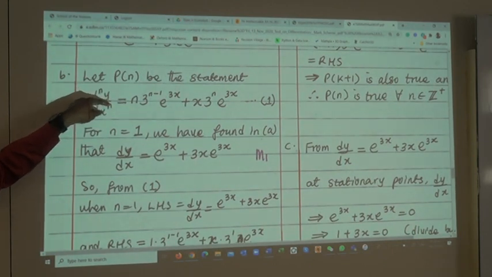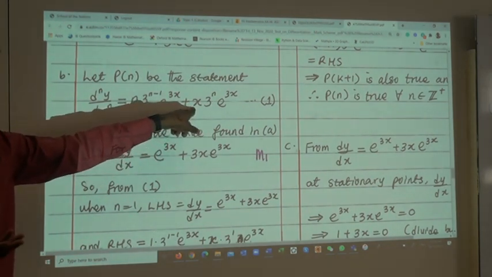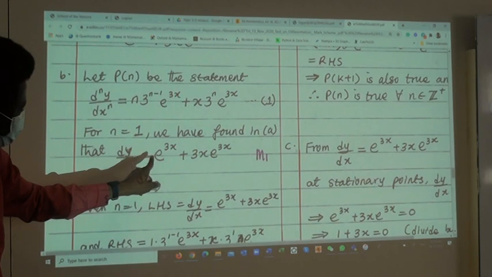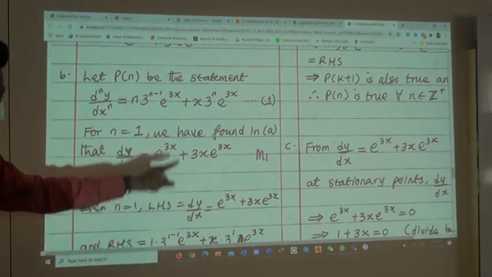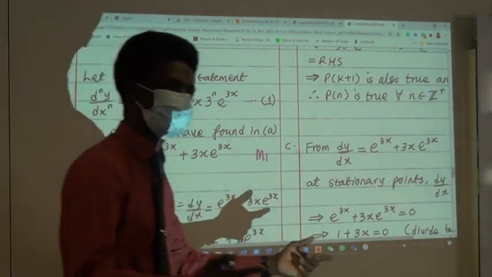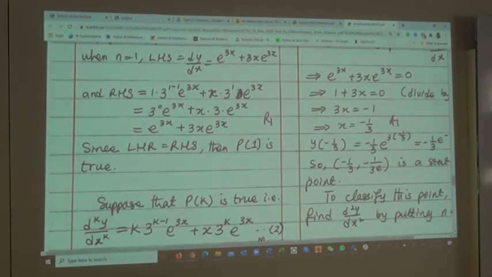So when n is equal to 1, left-hand side means differentiate once. Right-hand side means substitute n is equal to 1. Can you see the difference? Differentiate once is the result you have already obtained. That's what I just quoted here. For the right-hand side, you just substitute, and you see that they are the same. Then you say, oh, so n is equal to 1, then P1 is true.